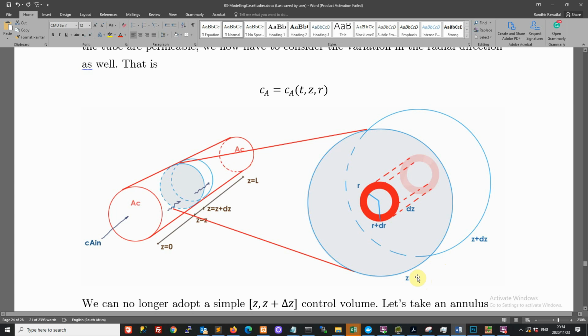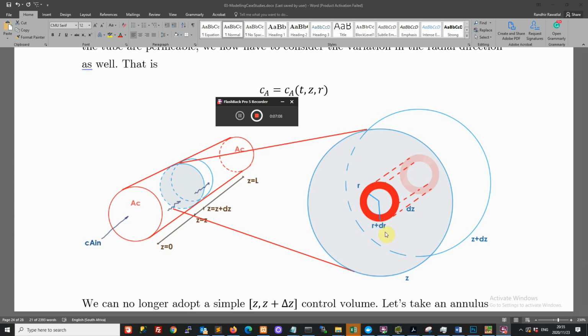The pipeline's length is delta Z, and it also has a thickness delta R. It has an inner diameter of R and an outer diameter of R plus delta R. We've described it as a pipeline, but actually the flow is through the thickness of this pipeline. So our control volume is not the interior of the space. Our control volume is actually through the thickness of this pipe.